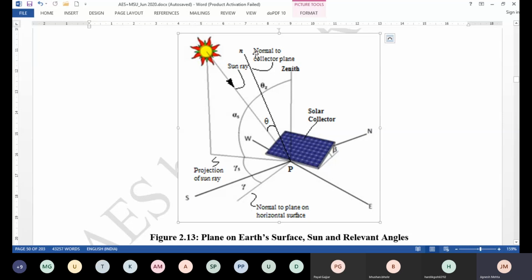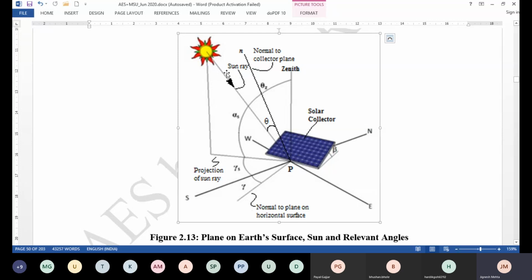If it is perfectly perpendicular, then all 1000 is available. Then how much out of that you are able to convert depends upon the collector parameters, right? But input would be 1000 if it is coinciding with the normal. But it is not coinciding with the normal, making an angle theta. So how much would be the input energy to this collector? It would be I cos theta.